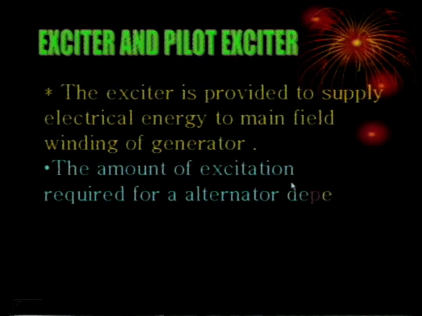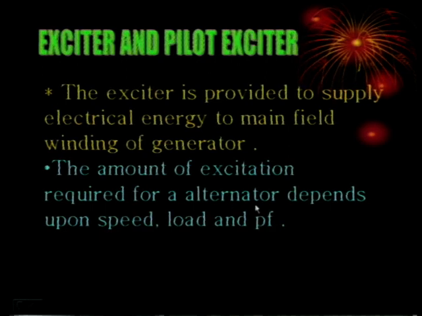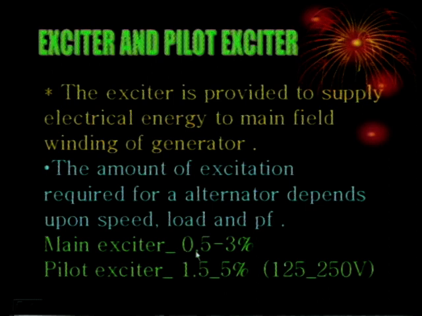The amount of excitation required for an alternator depends upon speed, load and power factor. The main exciter capacity may be 0.5 to 3% of the capacity of the alternator, and sometimes we require something to assist the main exciter, and that is the pilot exciter.